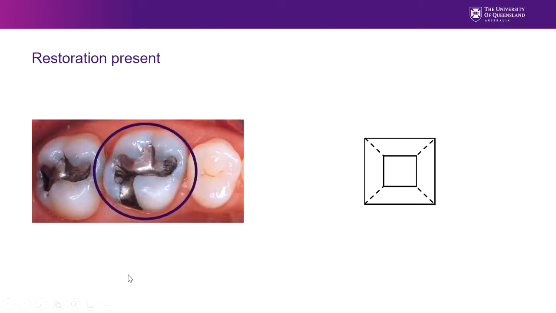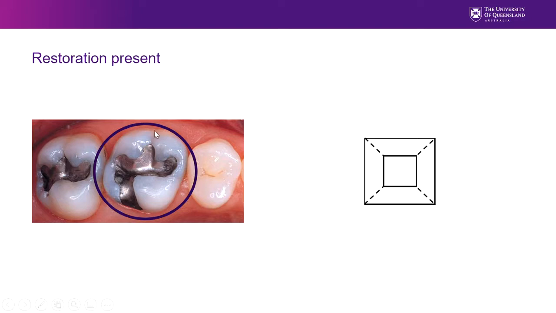For a restoration that's present in the mouth, so this one, for example, this is a permanent maxillary molar, and it looks like if this photo was not taken with a mirror, it's taken in the mouth, it's a 1/6. If we were charting this, we're going to chart the exact surfaces that it's on.